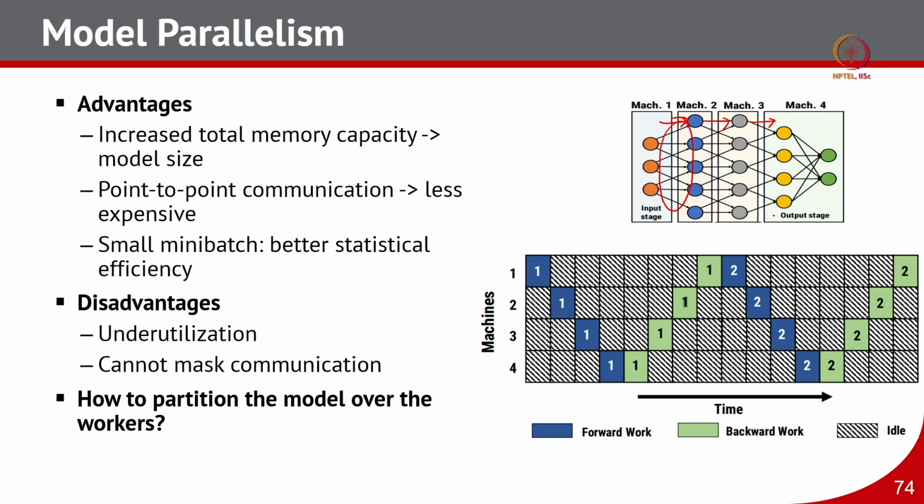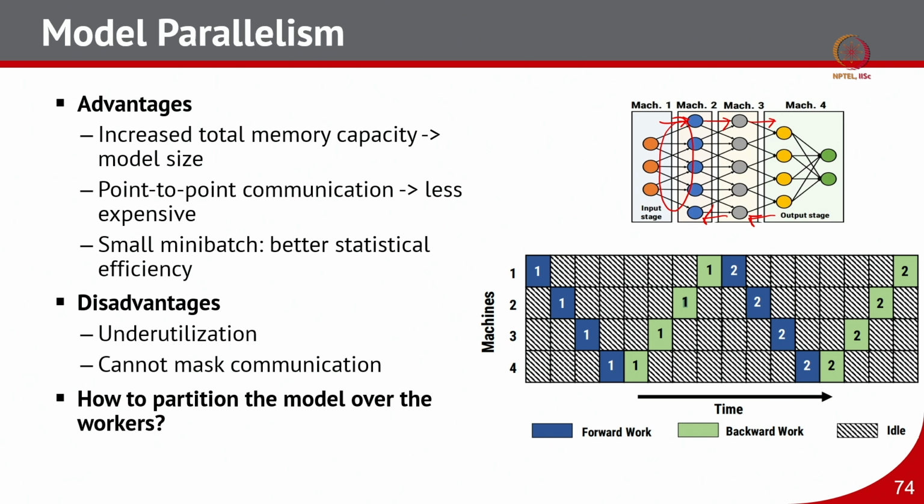During back propagation, the communication will be from machine 4 to machine 3 and so on. So there is no requirement of all to all communication for model parallelism. The communication is point to point, so it is less expensive, and we can employ small mini batches. So, it will have better statistical efficiency.